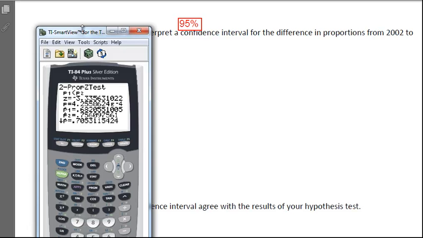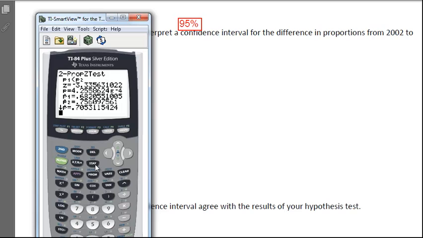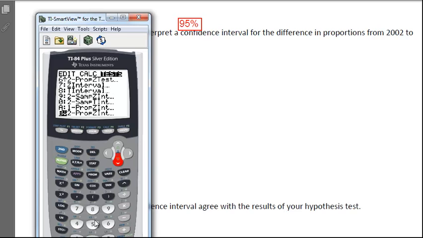So what's nice with the TI calculator is that if I go to confidence interval for proportion for a two sample, that's letter B, the data's already entered. And it just fills it in for hypothesis test. So if I hit enter, the data is already filled in.